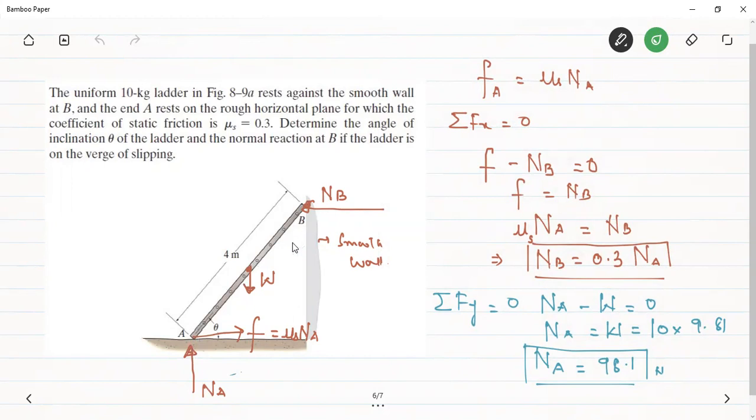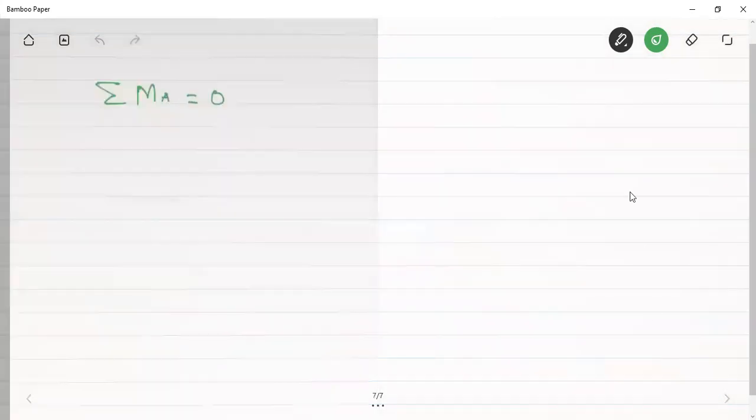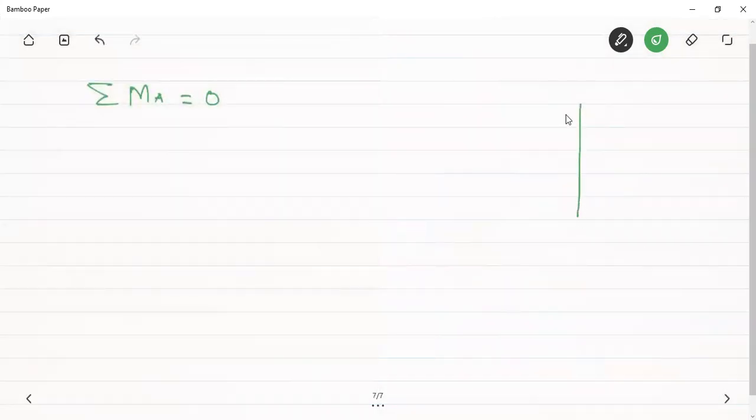Let me draw the figure to see these distances. This is 4 meters, this is theta. So this distance will be 4 sine theta, and this will be 4 cos theta.